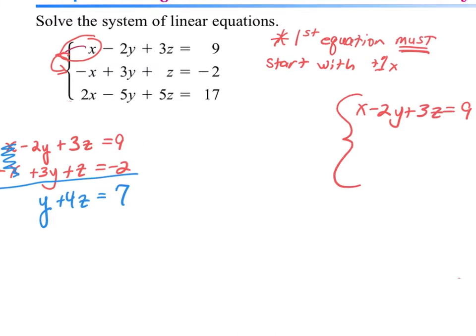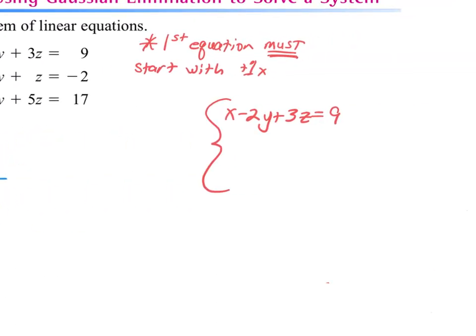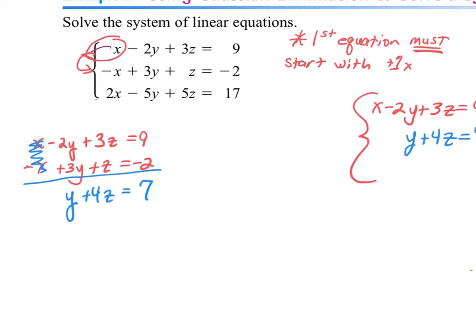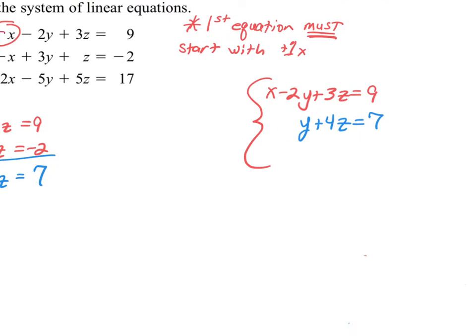There's our second equation. y plus 4z equals 7. Very easy to make mistakes by recopying, so make sure you're paying attention. So now what should the third equation over here in my little bracket say? It should just be z equals.